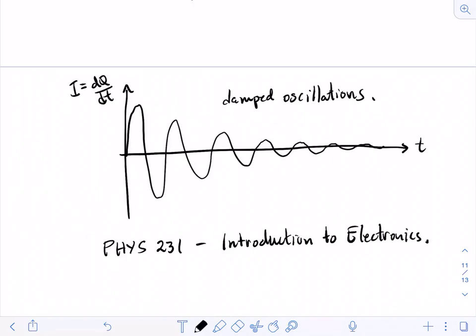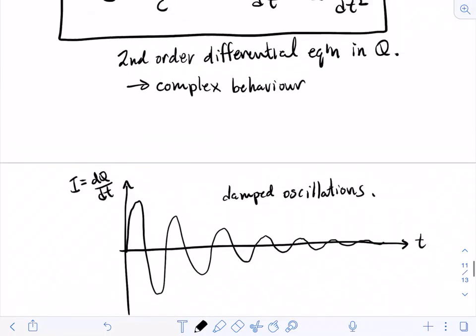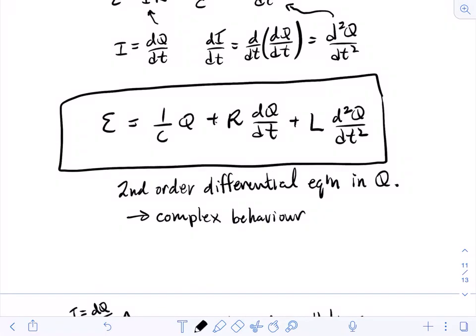It turns out the exact behavior that you would see for, say, the current after closing the switch would depend on how big your resistance was relative to some of the other components. You get either what's called overdamped, underdamped, or critically damped behavior.